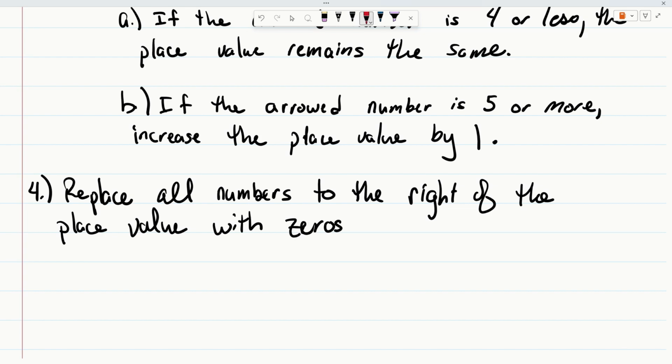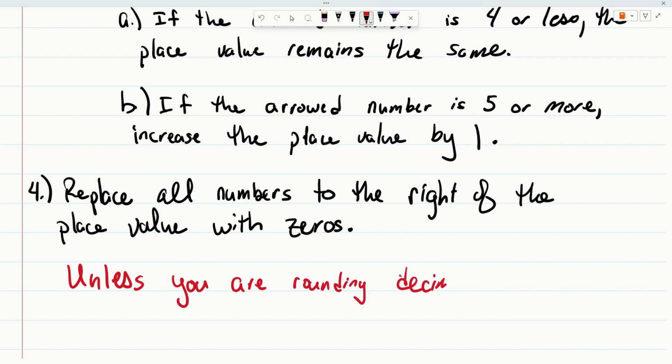Now, in red, unless you are rounding decimal places, then do nothing. All right? So we're going to do 2 examples just to refresh our memories.